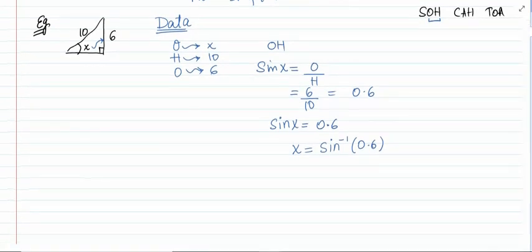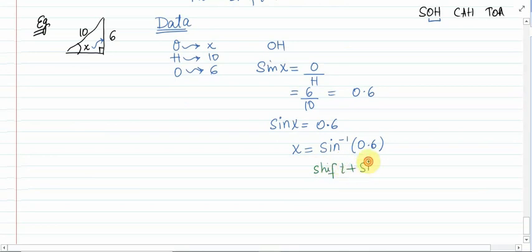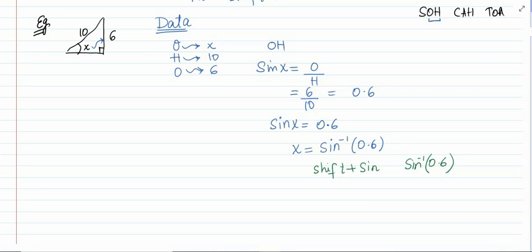And we know how to write sine inverse in your calculators. It's very simple. You need to press shift button, then press sine. You will see on your screen it will be sine inverse with the open bracket, and in this bracket you will write 0.6, and then you need to press the equals button. So sine inverse of 0.6 is 36.86, right?